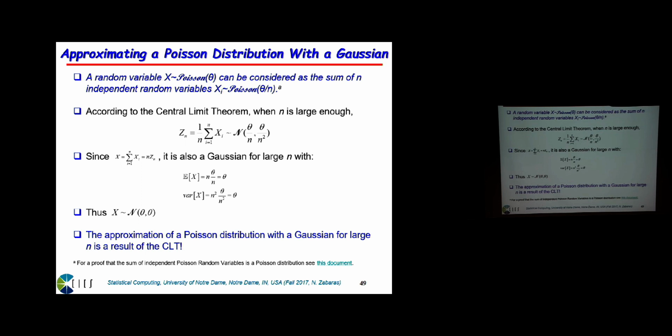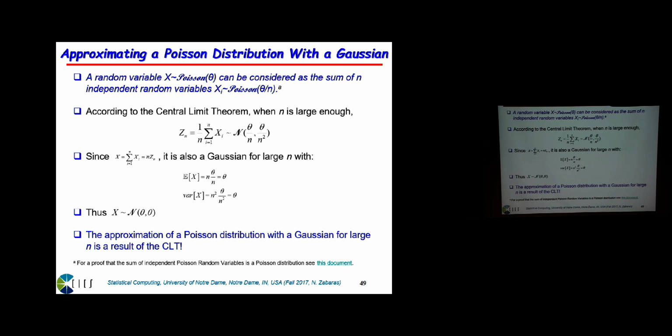And the proof is actually, I'm going to highlight, and there is a little 3-page paper that you may want to consult, you can show that a Poisson variable can be written as the sum of n independent Poisson variables coming from a Poisson distribution with parameter theta over n. Okay?